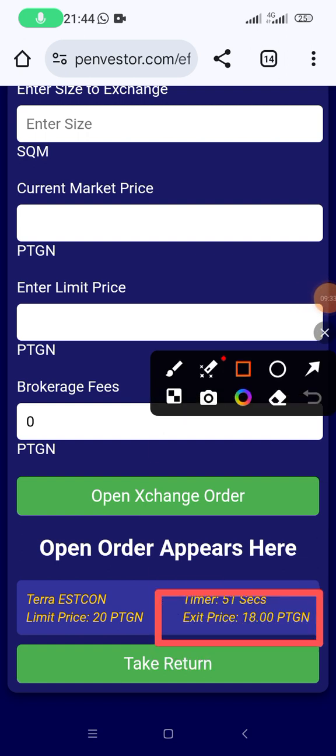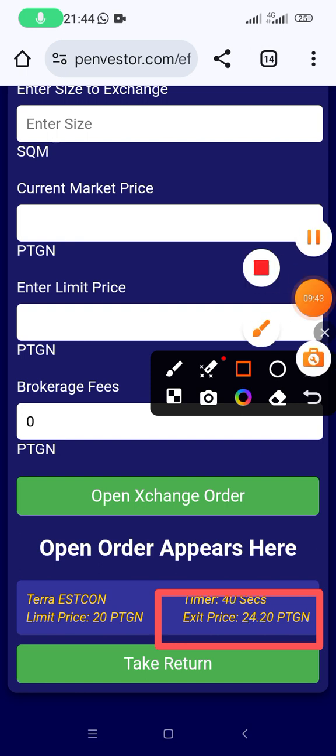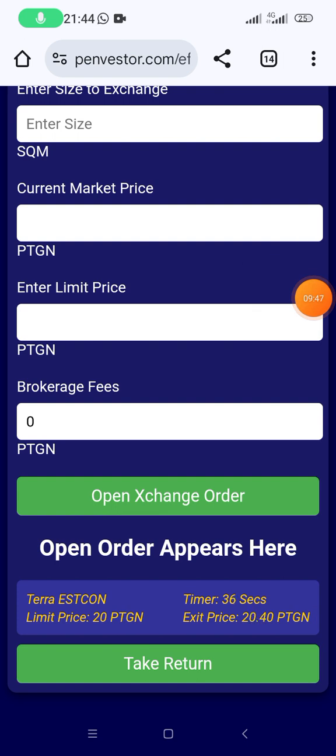This is where you are looking at. You see 18, 21, 25. That is like 25%. So once it gets a bid rate that is okay by me, I will just take return.